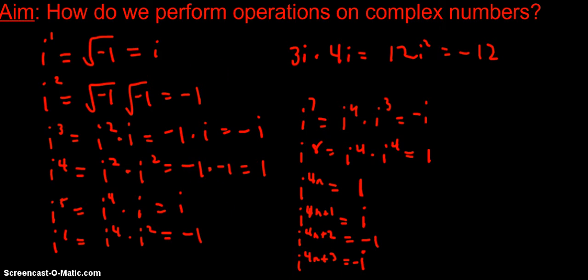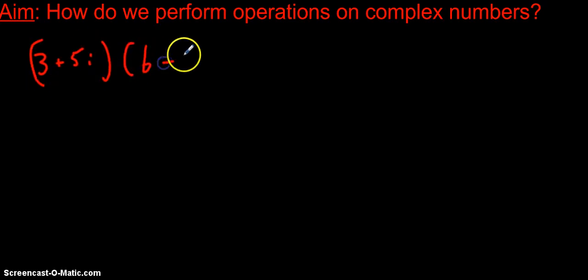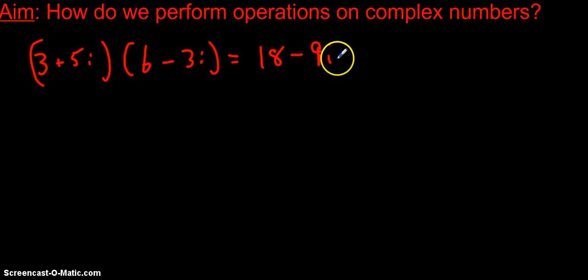Alright, so multiplying imaginary numbers. Let's take a look at that. It's possible you'll be asked to multiply 3 plus 5i times 6 minus 3i. Okay, now this actually simplifies to a number, I believe. So 3 times 6 is 18. 3 times negative 3i is negative 9i. 5i times 6 is positive 30i.